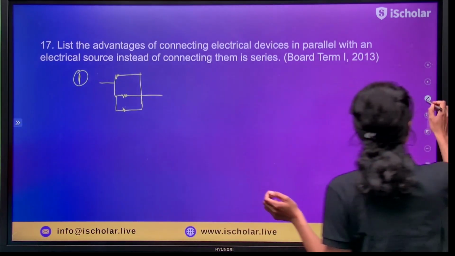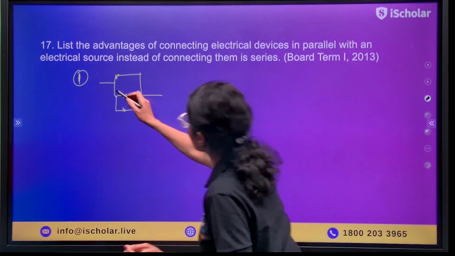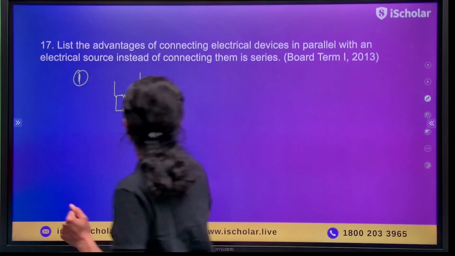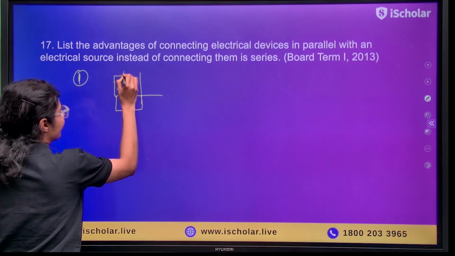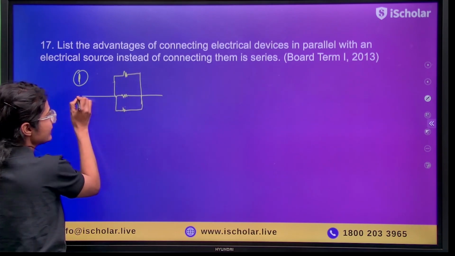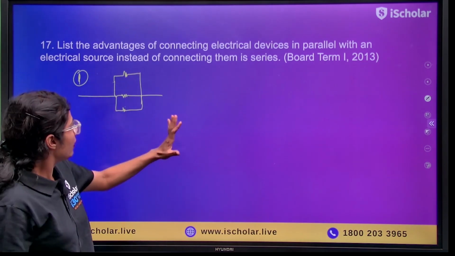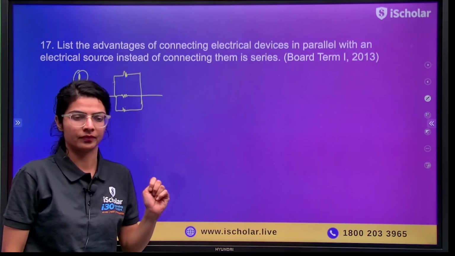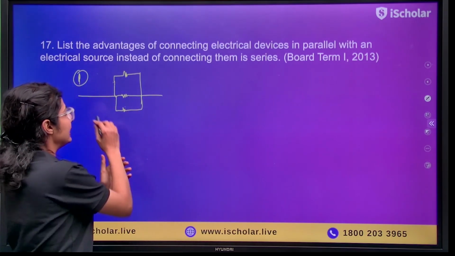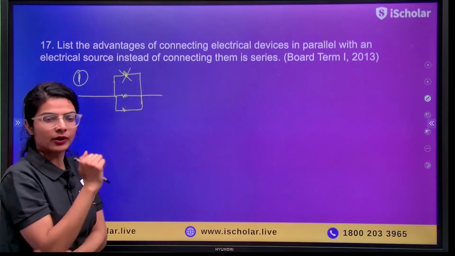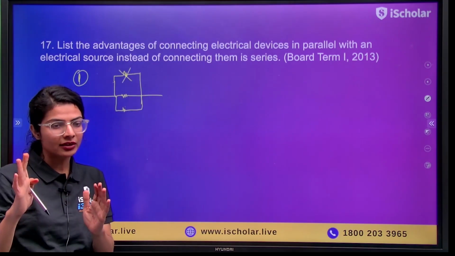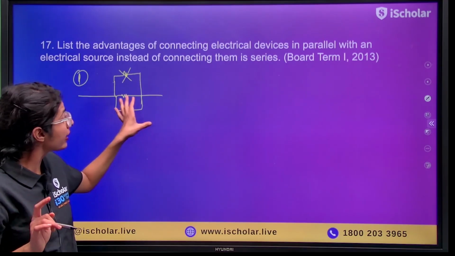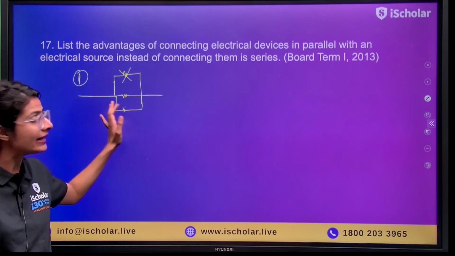Now suppose any one of the appliances stops working. What will happen? If this one stops working, no impact would be created on the other two. They would keep working in the same way.